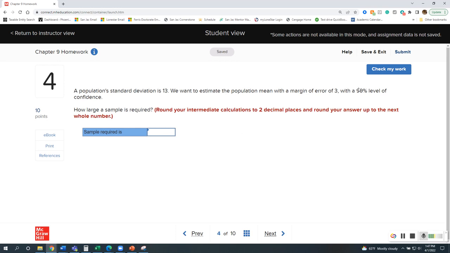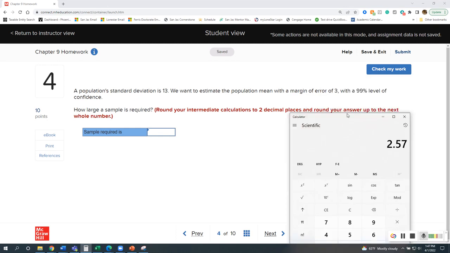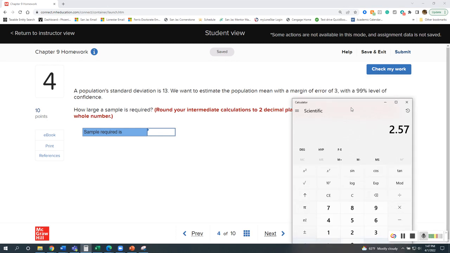Now we already know that this is 2.57. So you take your confidence level, the z value of that, multiply by the standard deviation, divide by the margin of error, 3, and then we're going to square it.